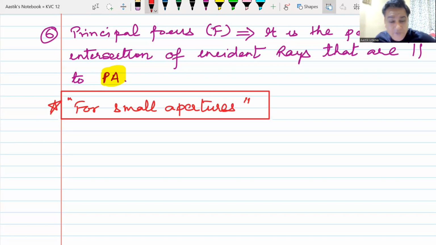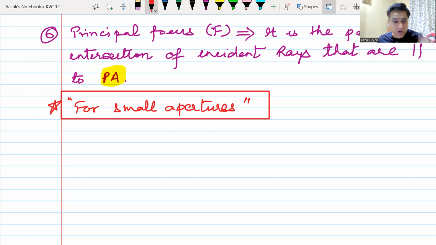It's only valid for mirrors of small apertures. Remember this. This is strictly for JEE Advanced. In NEET or Mains, they may ask about this definition, but they will not be making a question on this. They will just ask the theoretical aspect of it. Principal focus.